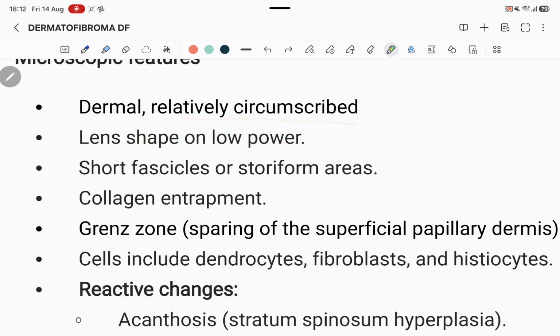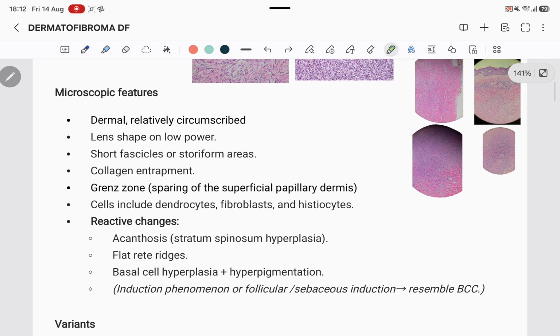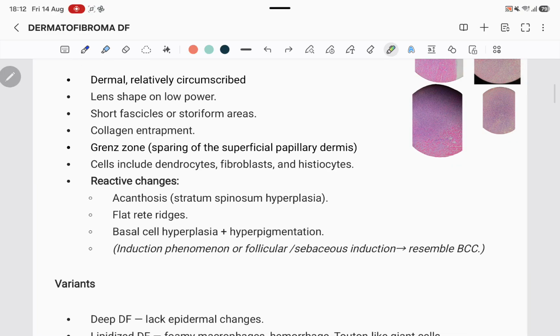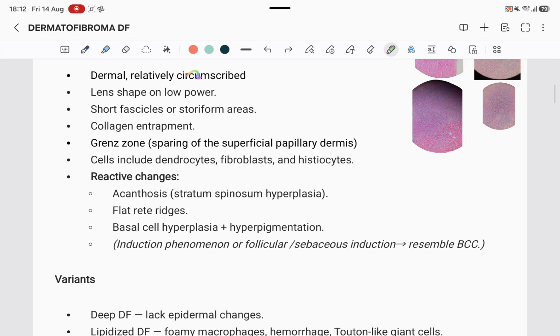Relatively circumscribed is important, but definitely difficult to see. Actually, this one is good. Relatively circumscribed, dermal, short fascicles or storiform if you've got it. If you don't, collagen entrapment and the Grenz zone with the sparing of the papillary dermis.